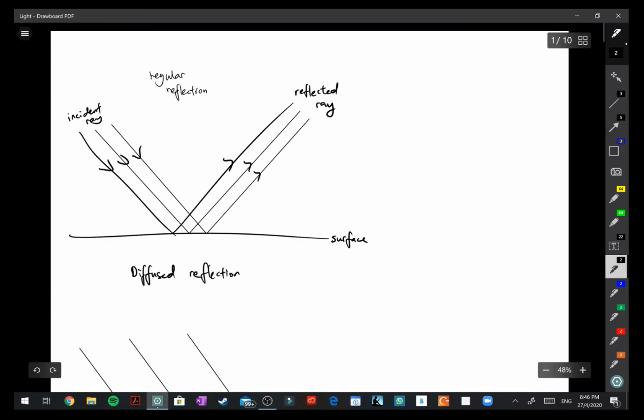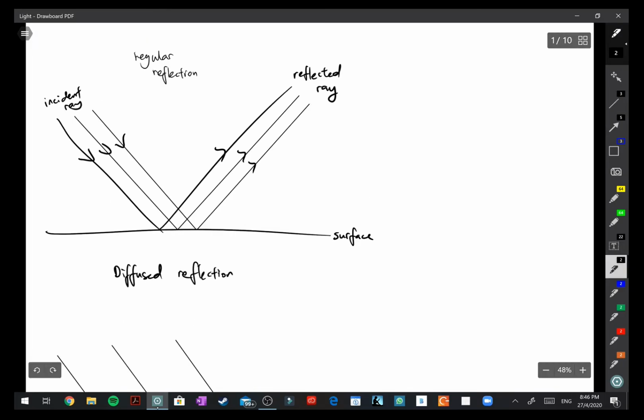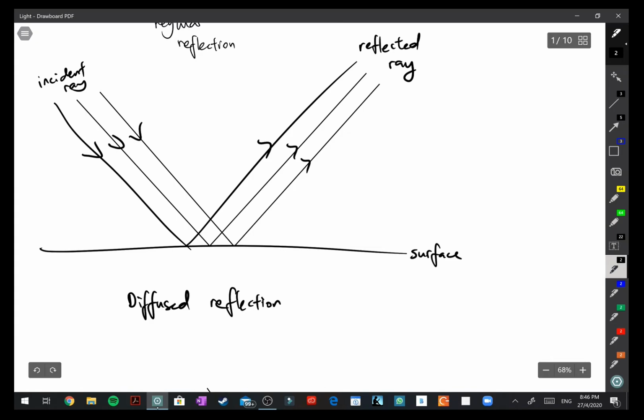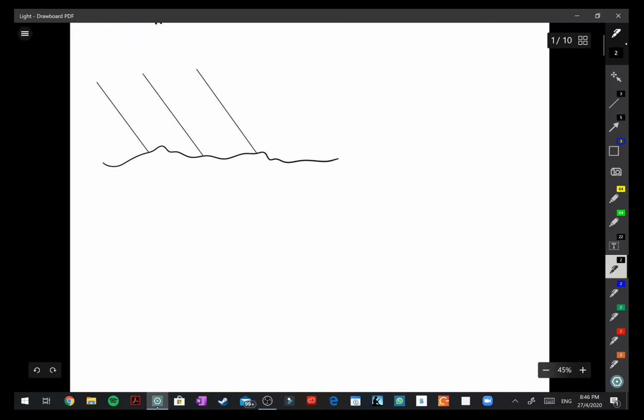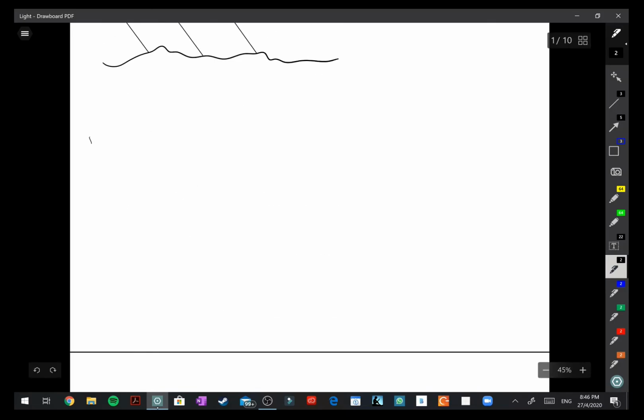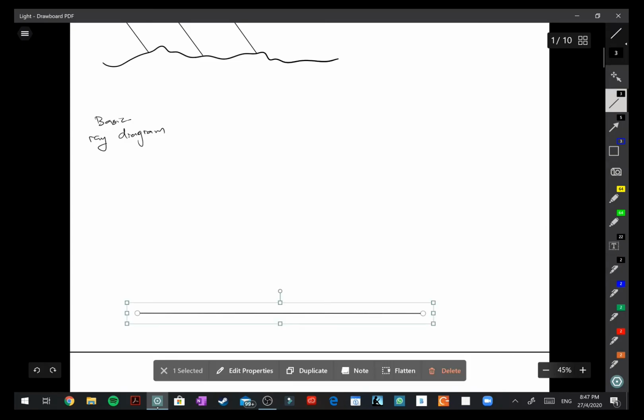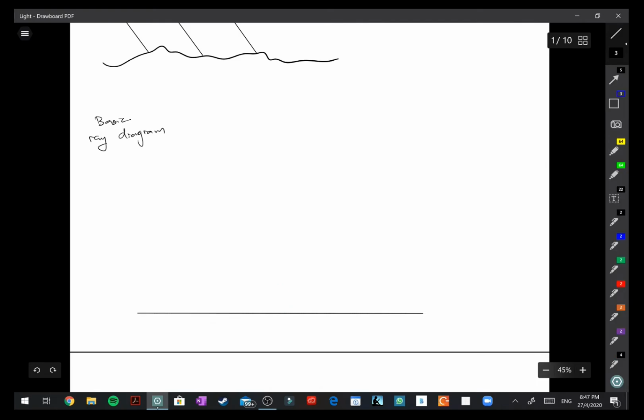First let's go back to the regular reflection part and take a closer look at what's actually happening. So I'm going to redraw the diagram over here. We will call this the proper ray diagram, in fact, we can call it the basic ray diagram. This is how it will look like. In a basic ray diagram, you actually have a surface.